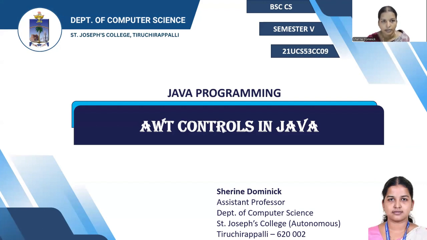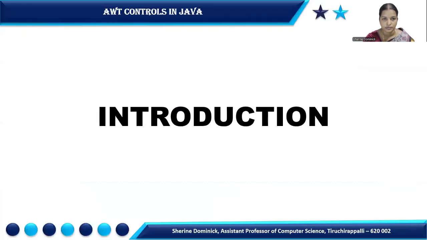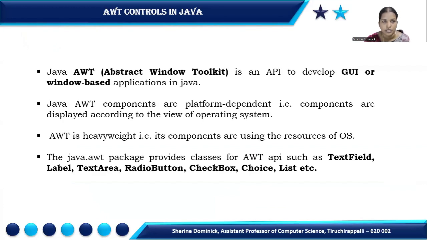Let us see in detail about AWT controls in Java. First, we'll begin with the introduction. Java Abstract Window Toolkit is an API, application programming interface, to develop GUI-based applications or Windows-based applications in Java.